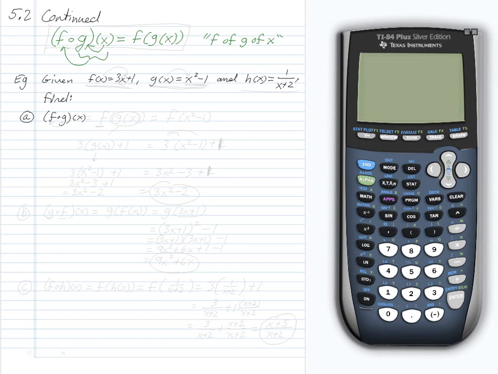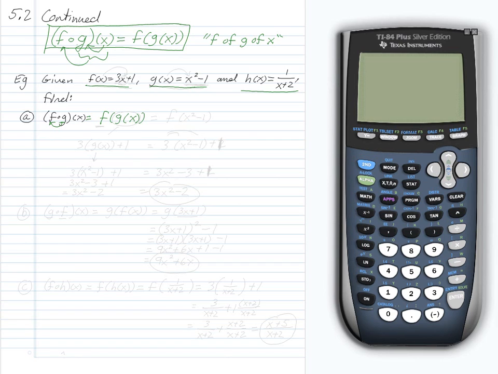Alright, so here we'll see a couple of different ways that we can use this. Here we've got three functions, f of x, g of x, and h of x. And first we're going to look at how this composition f of g of x will look. Well, remember the definition up here says we're going to take the second function and plug it into the first function. So we're looking for f of g of x.